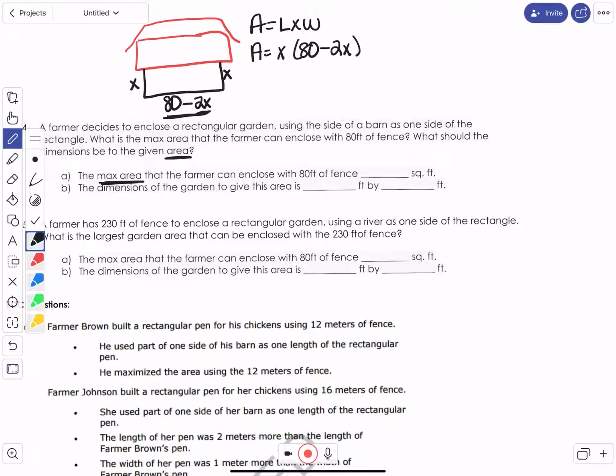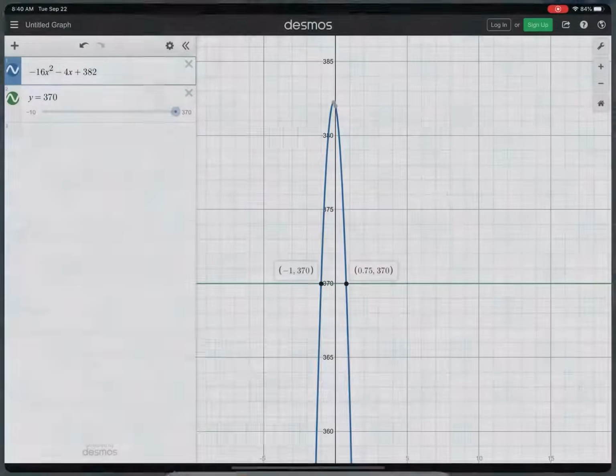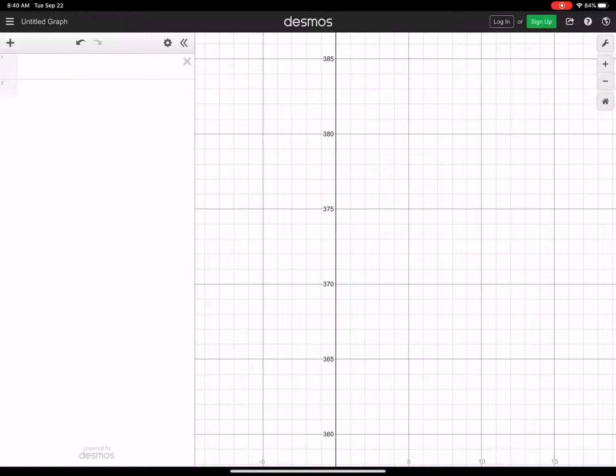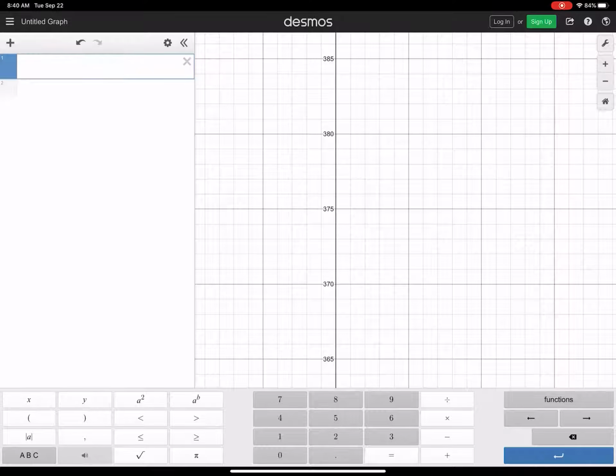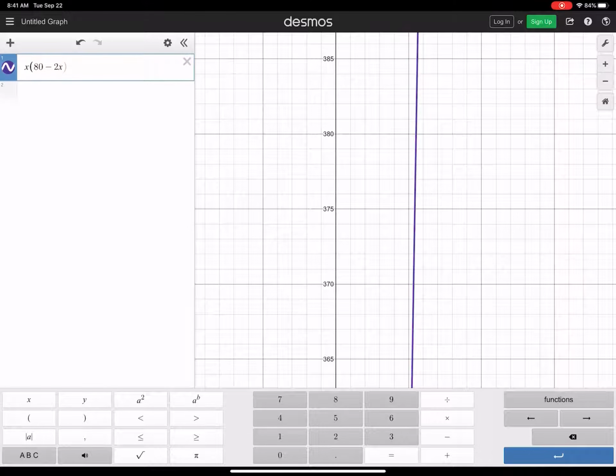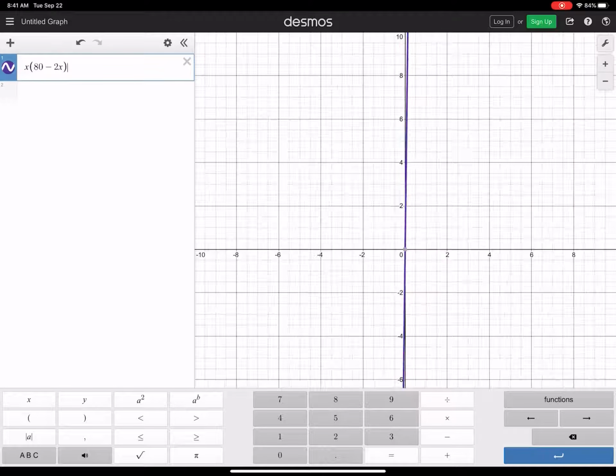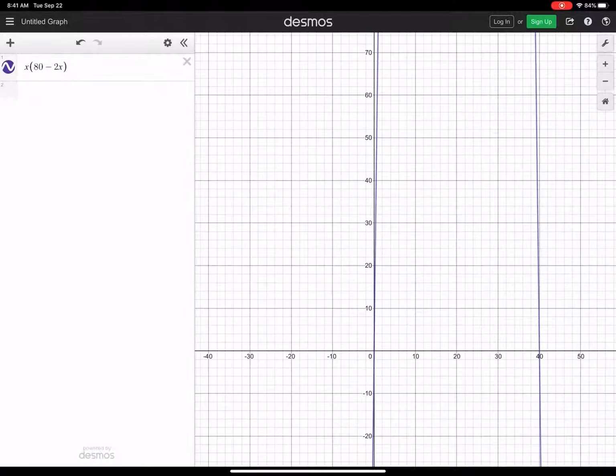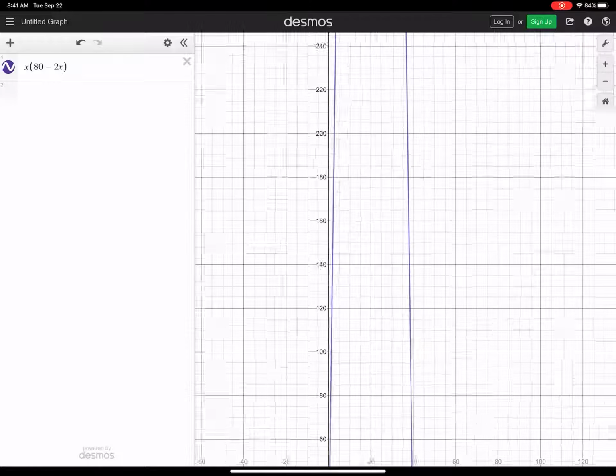So what we're going to do is go back to Desmos, and we are going to enter this equation. So we're going to go to Desmos, okay? And we're going to type this equation in. So we're going to do x times 80 minus 2x, and that's going to give us, notice it gives us a parabola.